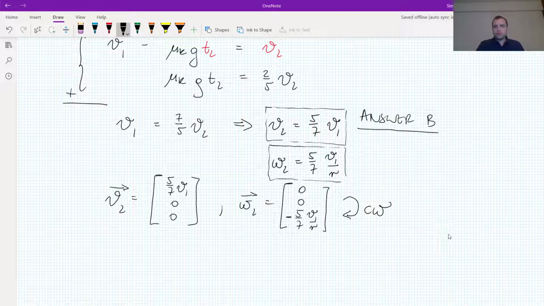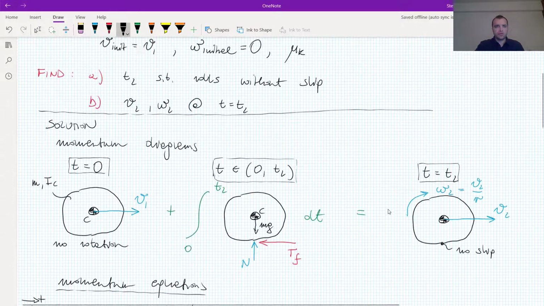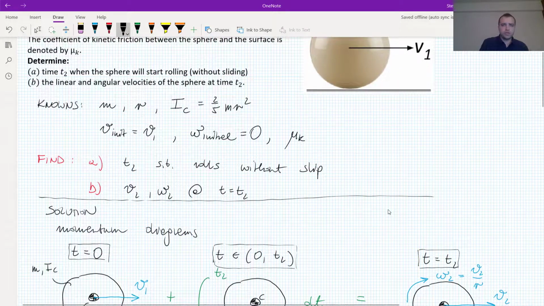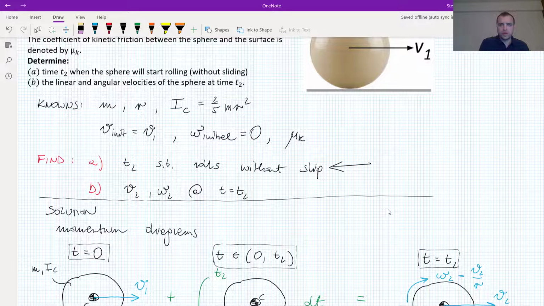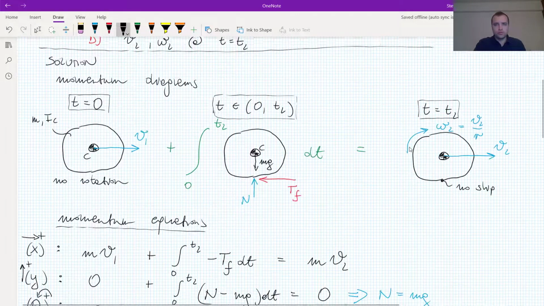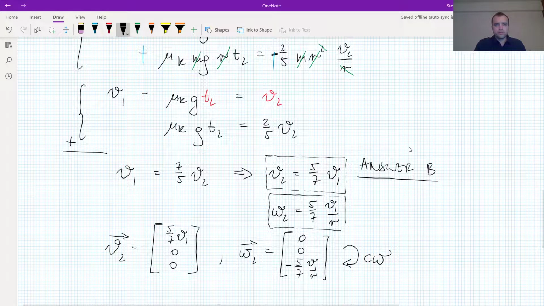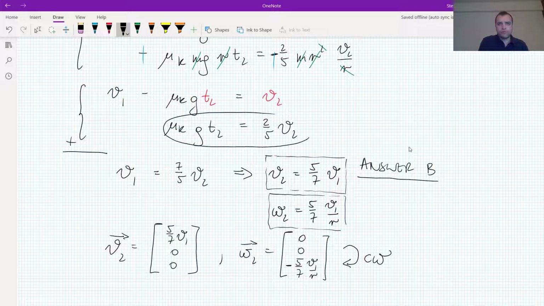So now let's also solve part A, because in part A they ask us to find T2, I believe. Right? Yes, they ask us to find time needed to reach no slip condition. But I think it will be easy, because once we know V2, we can just use this expression to find T2. So let me take this expression.